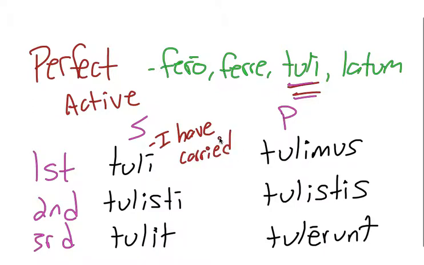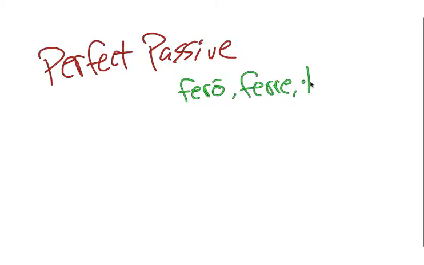And same thing with perfect passive. Remember the principal parts: fero, ferre, tuli, latum. Now for perfect passive, I have to use the fourth principal part.